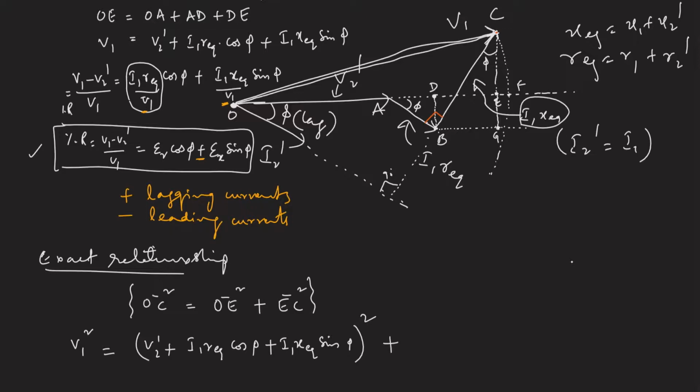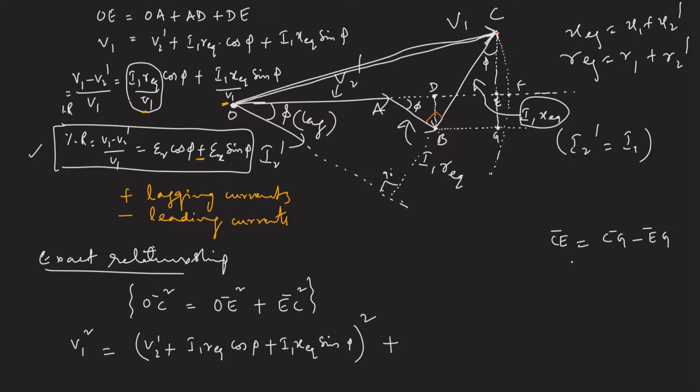Plus, now what is this length? CE length is equal to CG length minus EG length, right?